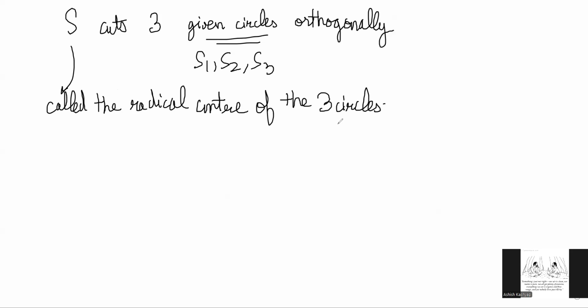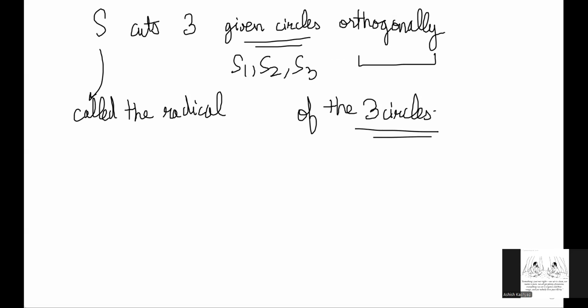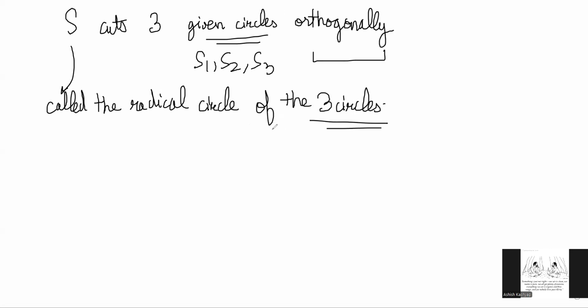What is the radical center? You can understand it in this way: I should not say center, I should say radical circle. Circle S is the radical circle of the three given circles. What is the meaning? It is basically the circle which cuts three given circles orthogonally.